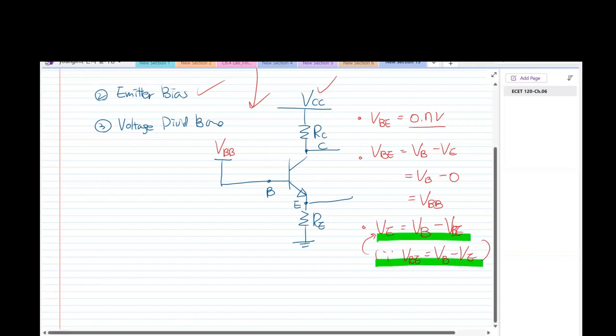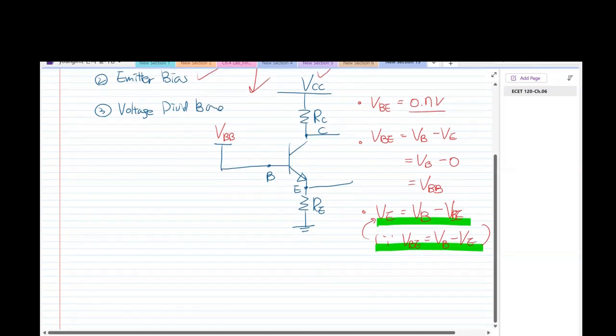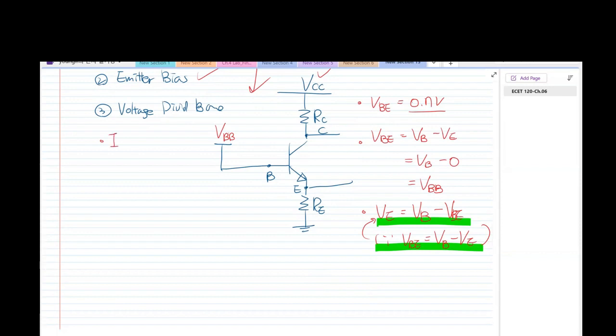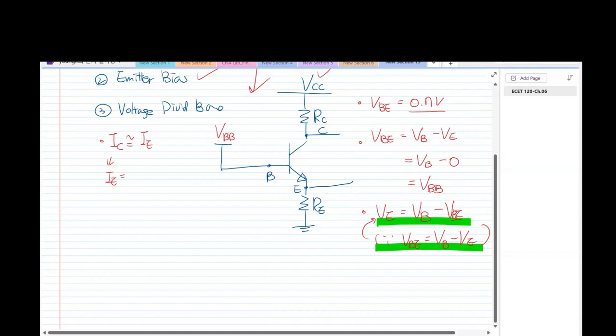Still keep going. I sub C is really similar to I sub E. Do you remember in the base bias transistor circuit, I sub E is equal to I sub C plus I sub B? But I sub B is very small, the current for I sub B in this case.